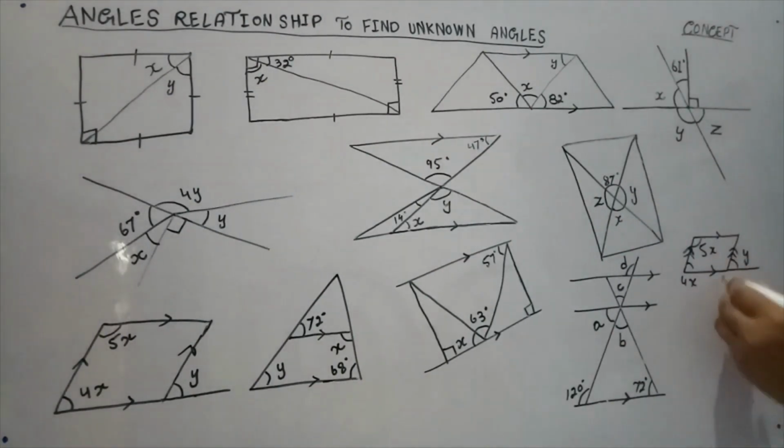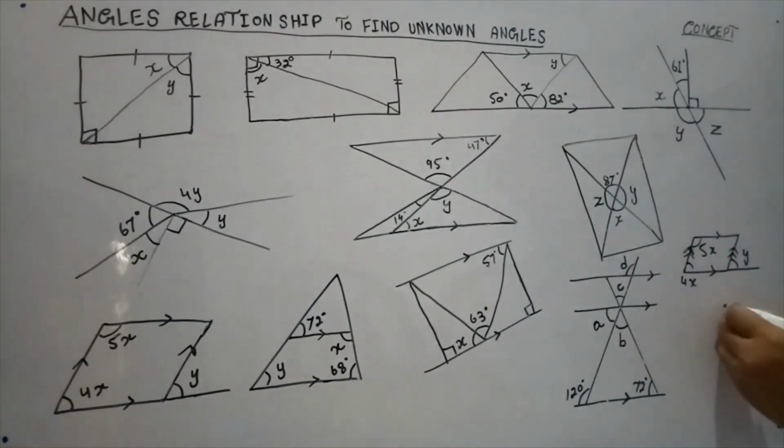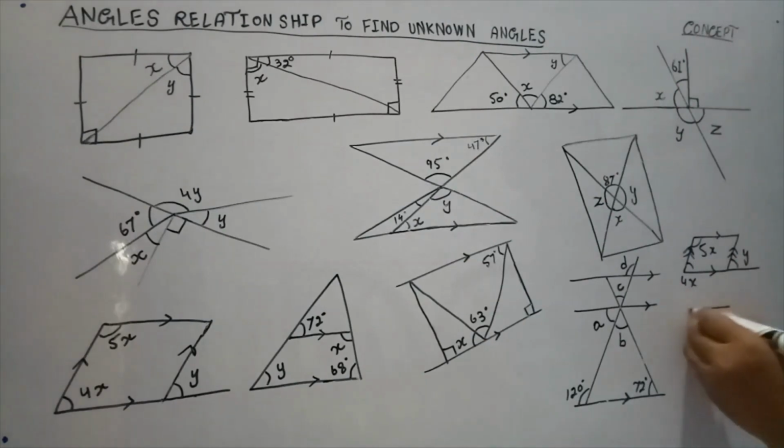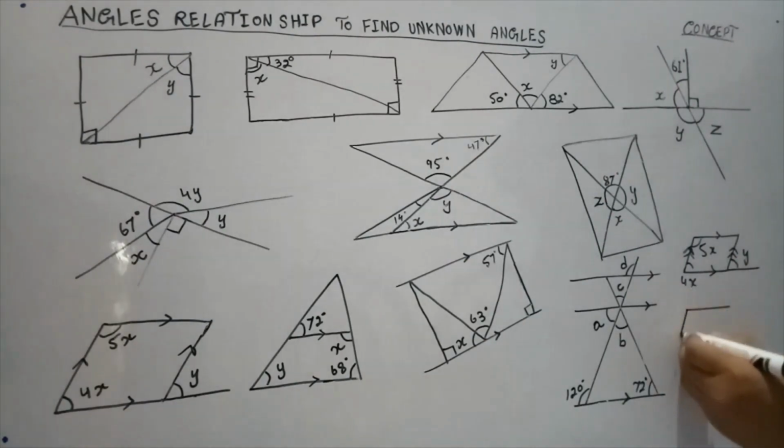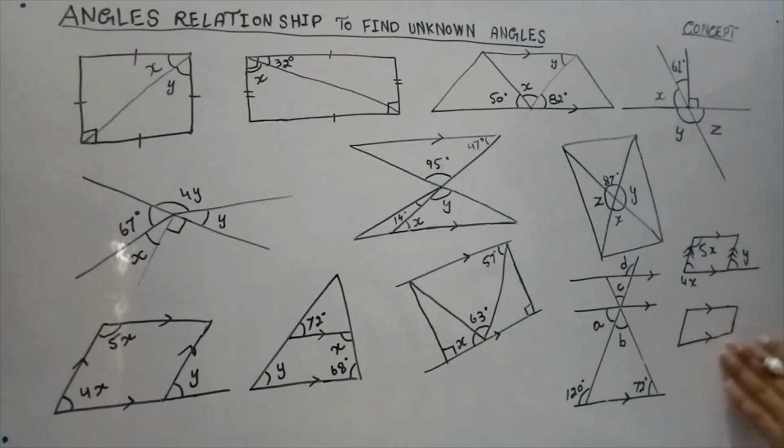If I redraw only this part, this side is parallel to this side, and this side is parallel to this side. Here you can see that these two sides are parallel to each other.